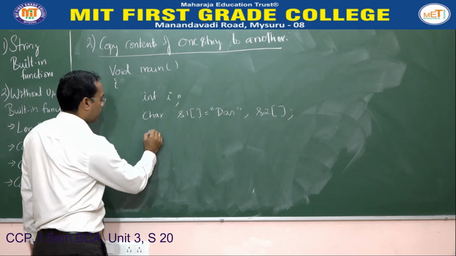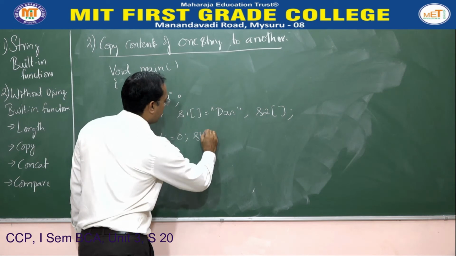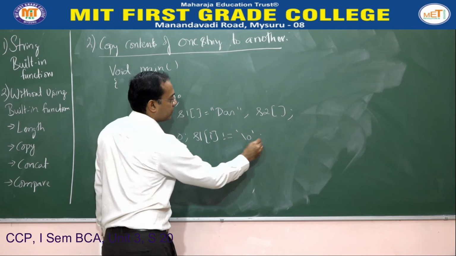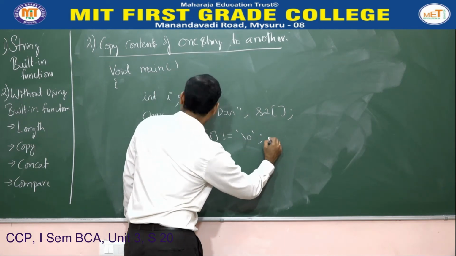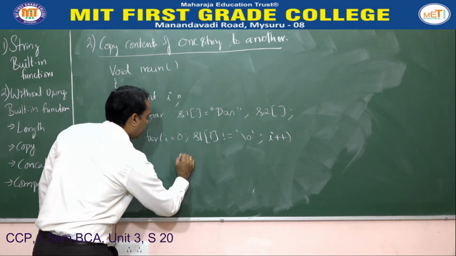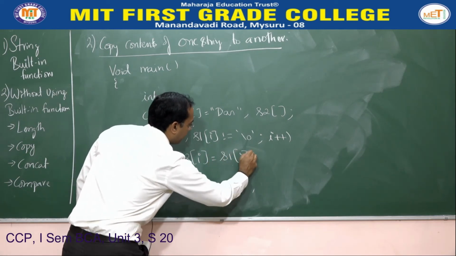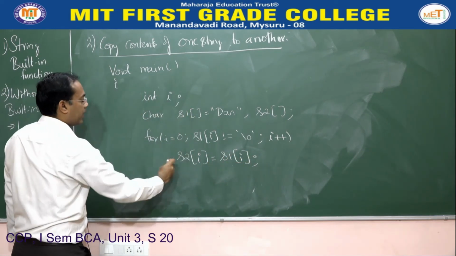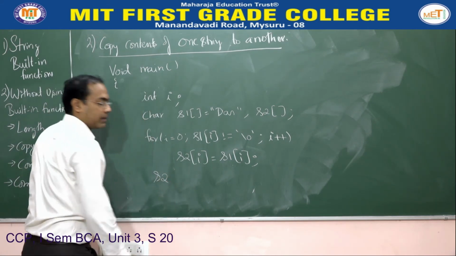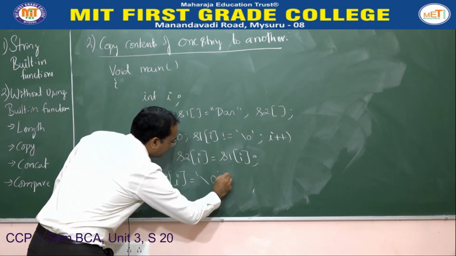Now for i equal to 0, S1 of i not equal to end of the string, visit all the cells of the first string, i plus plus, S2 of i is equal to S1 of i. That's it. After you have copied cell by cell, then you have to assign the last character as end of the string to terminate.